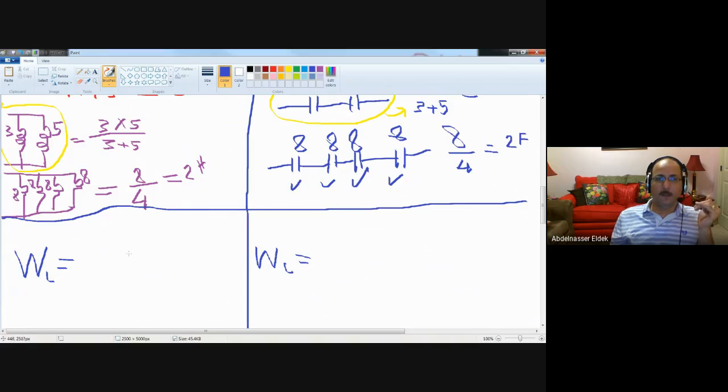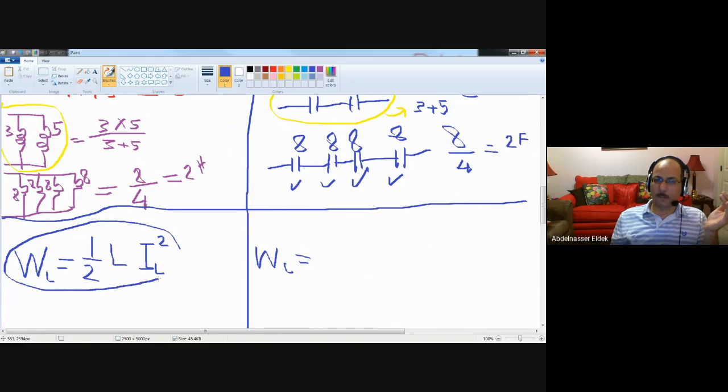Okay. For them, they are very similar. 1/2 for the inductor, 1/2 L, so it is related to L for sure, and it is storing current, so it is IL square. So the energy stored in the inductor is 1/2 L IL square.